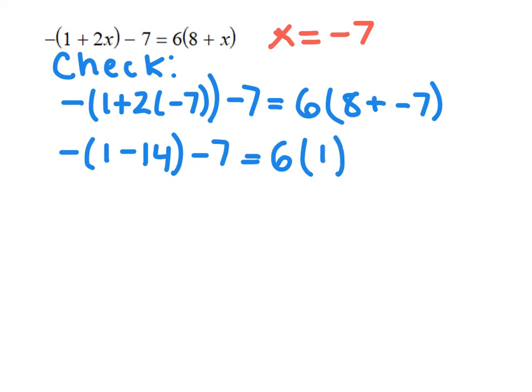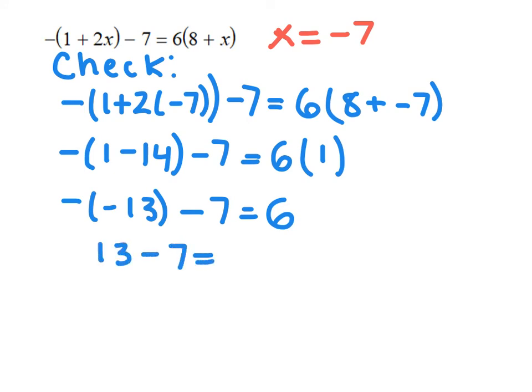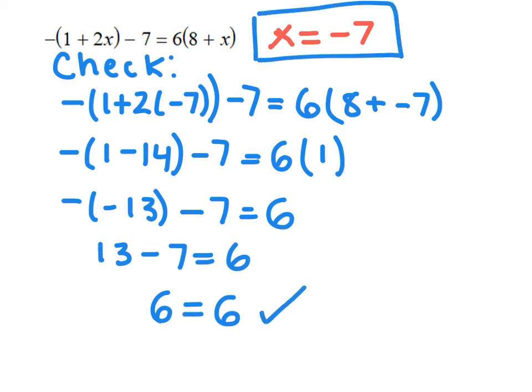On the left-hand side, if I simplify, I get negative times negative 13 minus 7 equals 6 times 1 is 6. Negative times negative 13 is positive 13 minus 7 equals 6. And we end up with 6 is equal to 6. And since 6 is equal to 6, that means that the correct answer is x equals negative 7.